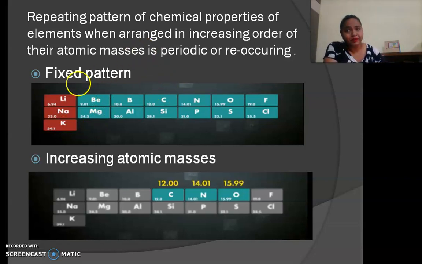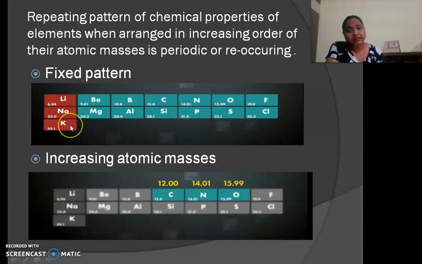For example, lithium and sodium have similar properties, but sodium automatically appeared under lithium after a gap of 6 elements, that is 1, 2, 3, 4, 5, 6.